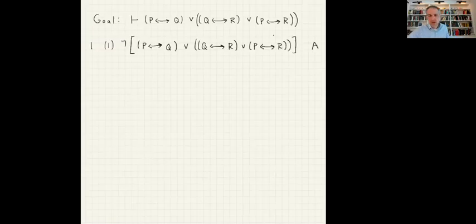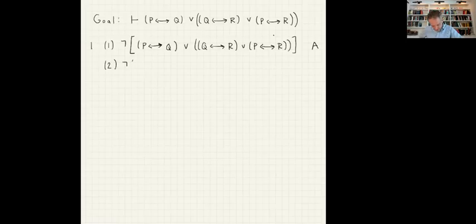Okay. Now is when I'm going to allow myself to use something from that list of useful validities from the end of the book. I'm going to use De Morgan's now. Okay, so I'm on line 2. I'm going to push the negation sign in.